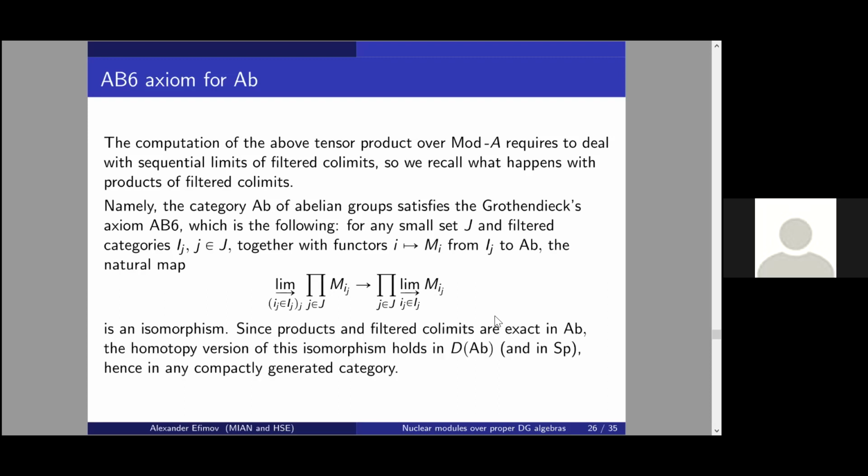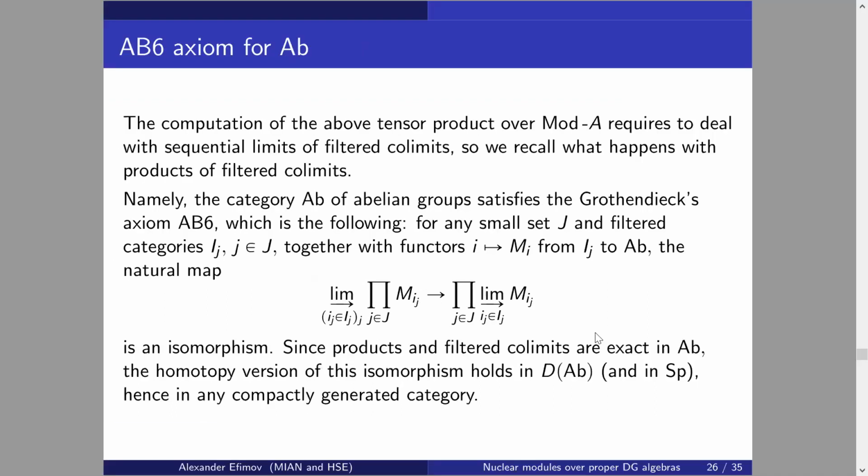So this is easier, and since products and filtered colimits are exact in abelian groups, the homotopy version of this also holds in derived category of abelian groups and in spectra, and in particular in any compactly generated category. I don't think it holds in dualizable categories. At least it's not obvious. But it holds in any compactly generated category.